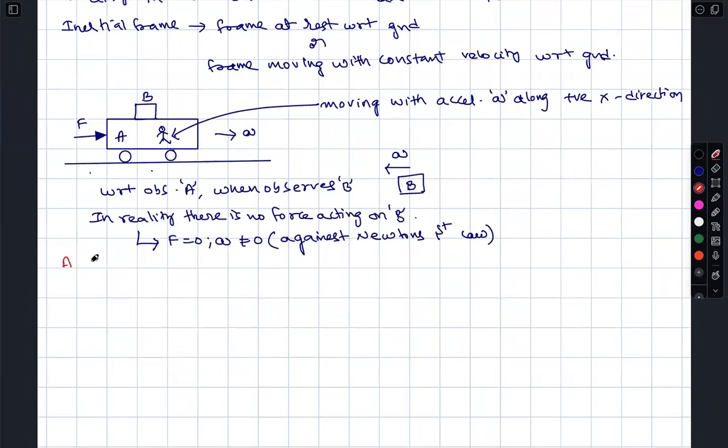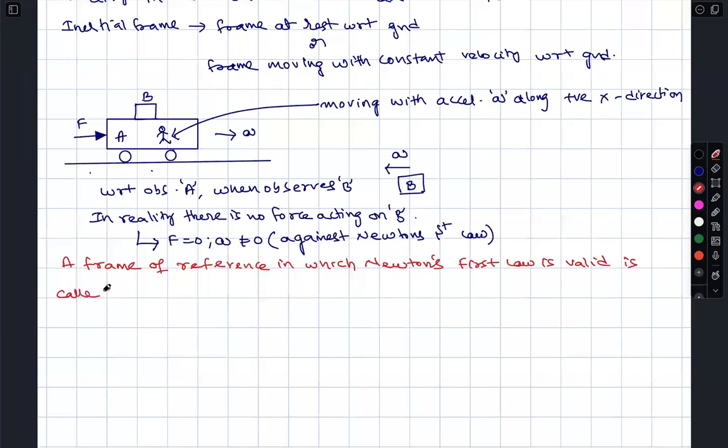A frame of reference in which Newton's first law is valid is called an inertial frame of reference.